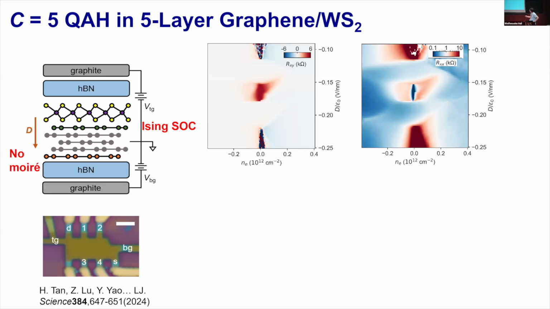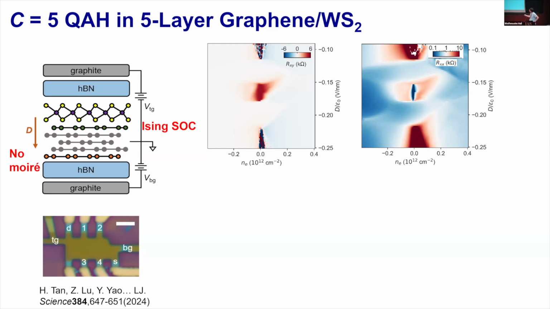You play the same trick. You apply charge density and displacement field, and you see this region, which used to be that semi-metallic region during the phase transition from correlated insulator to a band insulator. Now you get a big anomalous Hall signal here, and you get almost vanishing Rxx.